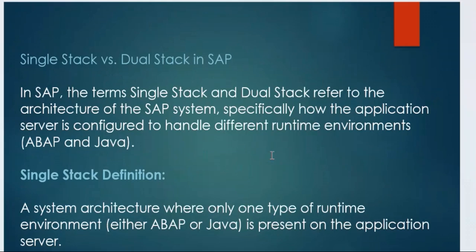So here, the single stack versus the dual stack. Single stack means it is either Java or ABAP. In our SAP architecture, only one type of runtime environment, either ABAP or Java, is present in the application server.